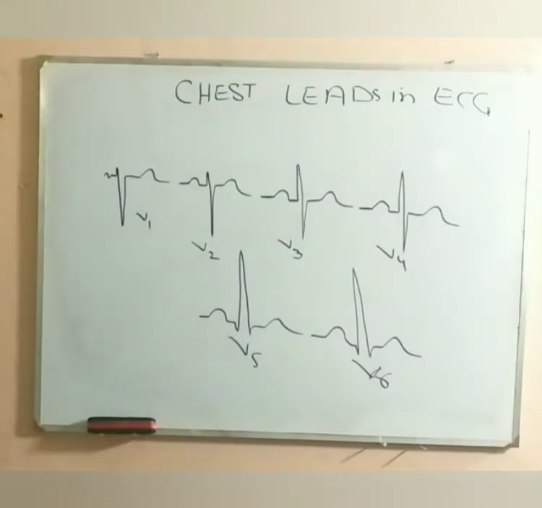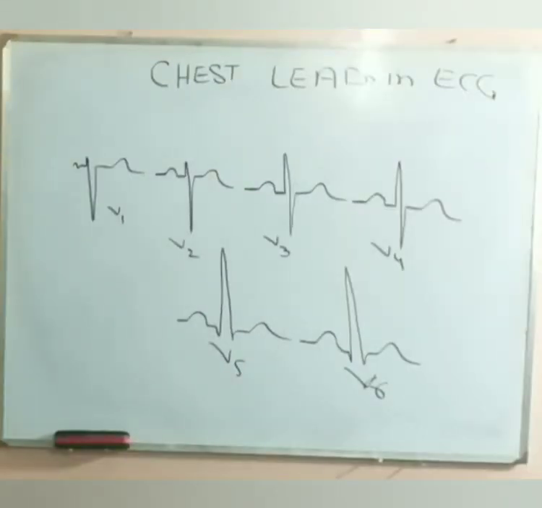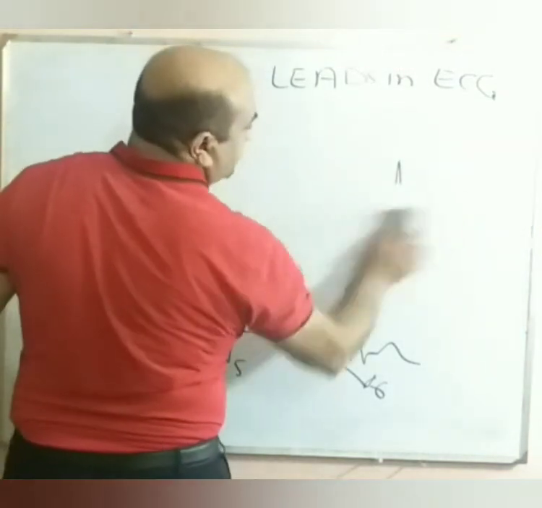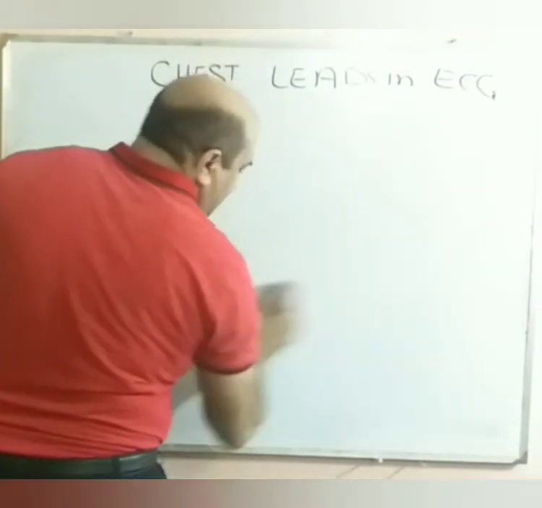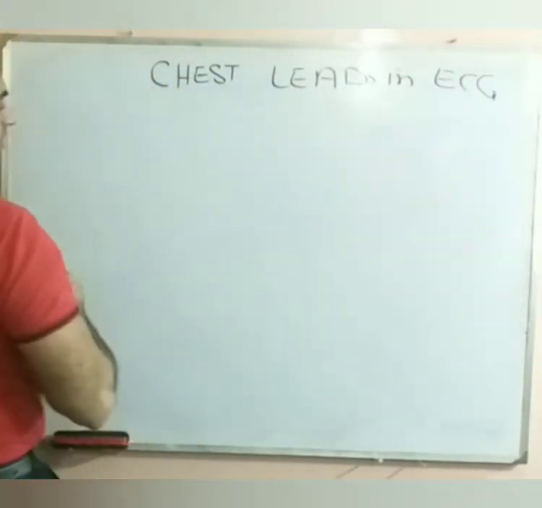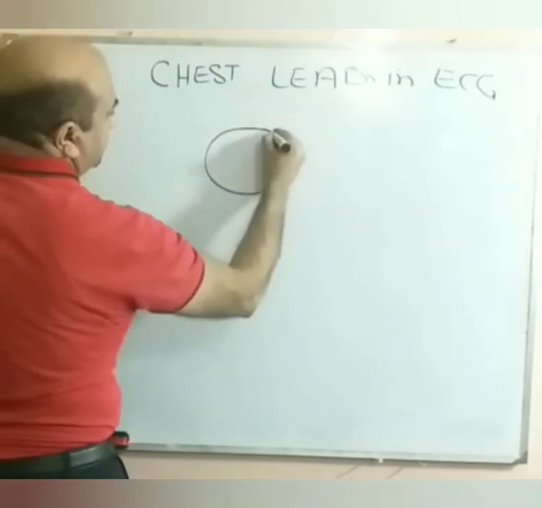Now along with this, there is another very important concept about chest leads. Let me tell you this. Let's draw the diagram of the heart once more, and place the chest leads according to the heart as we did in the last diagram. These are two atria.